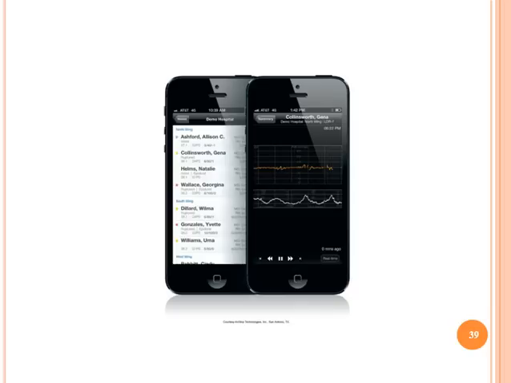So it's very convenient, and it also takes a lot of the legality part off of the nurses, because the doctor can actually monitor their own tracings from wherever.